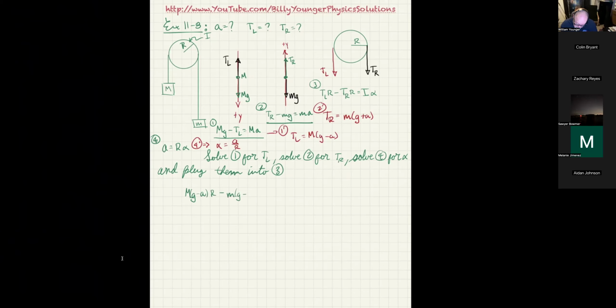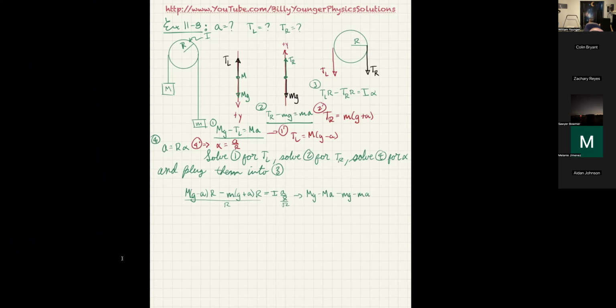TL was the first one, so that was g minus a with the big M. And this would be little m (g plus a) times big R, is equal to just the plain moment of inertia of the cylinder, or of the pulley, times alpha, which now becomes a over R. If I divide both sides by R, then I get Mg minus Ma minus mg minus ma.